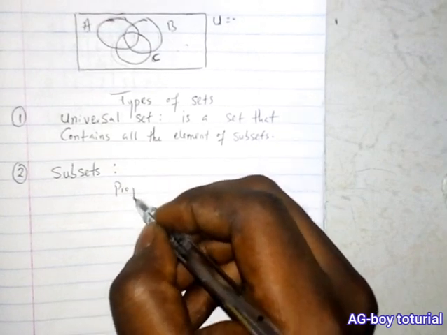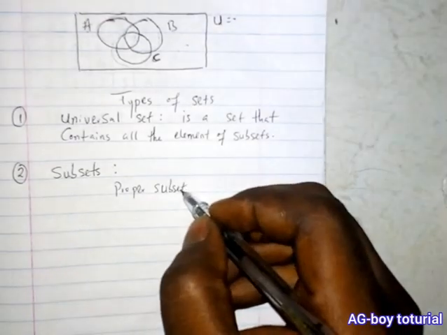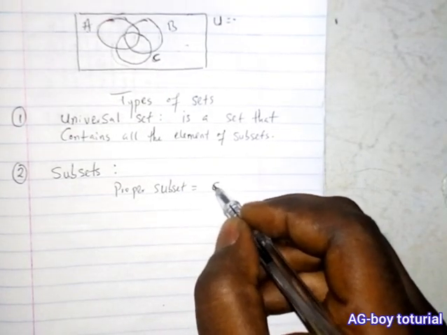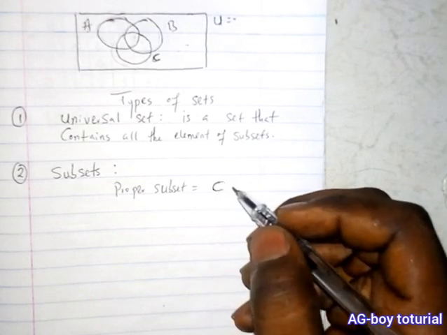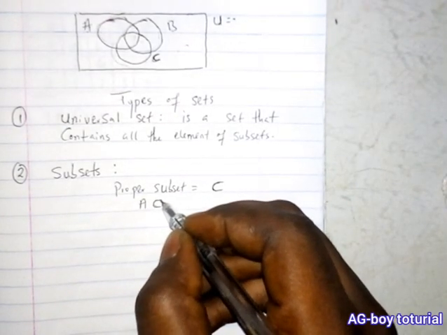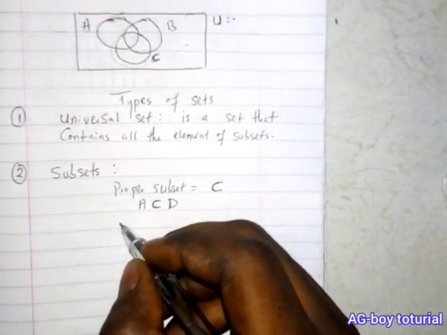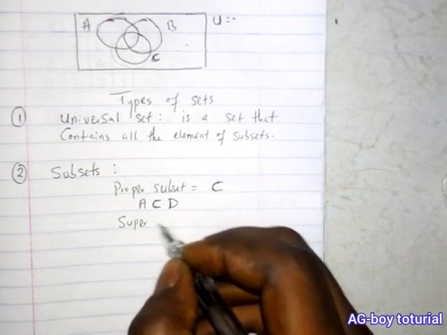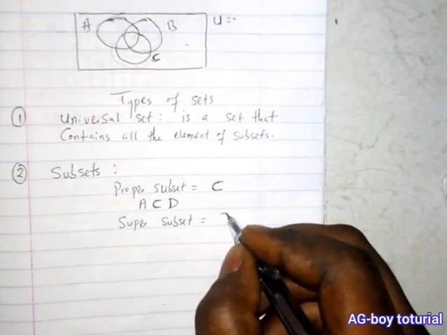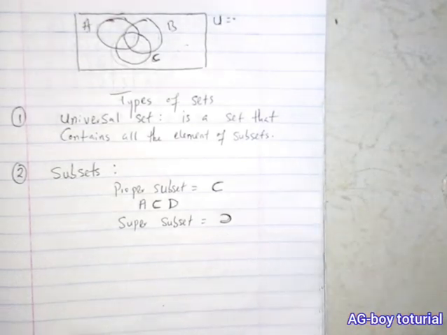So for the proper subset, because it's under subset, it has a symbol like this, like a C, and we can say that A is a proper subset of D. So if A is a proper subset of D, therefore we can say for superset, the symbol is facing this way, like greater than and less than.